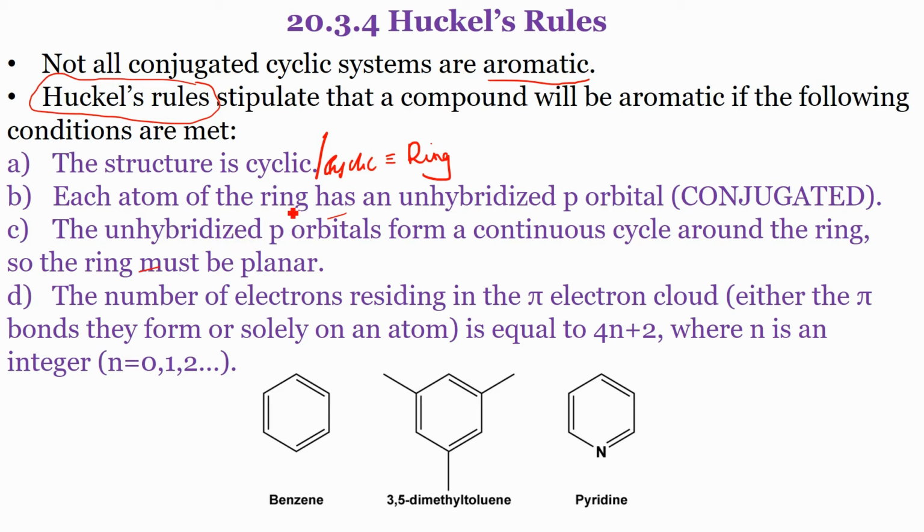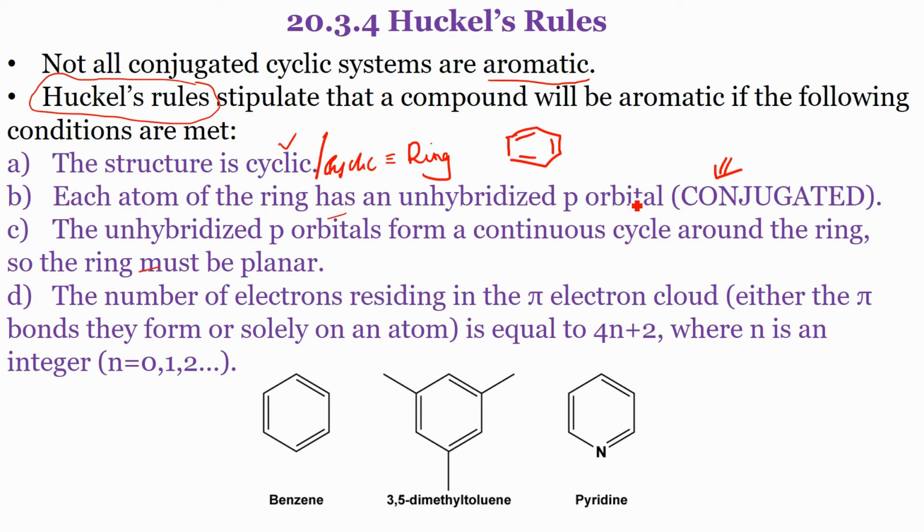Each atom of the ring has an unhybridized p orbital, which means it must be conjugated. Of course, let's draw the benzene ring here and see if it follows rule A and B, rule 1 and 2. It's a ring, check. But do we have an unhybridized p orbital?